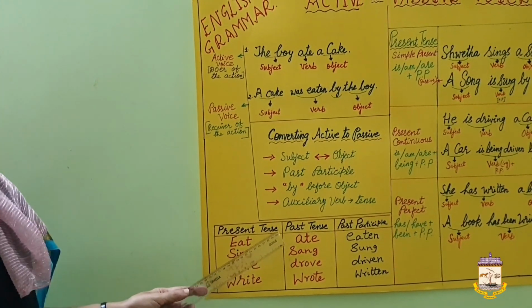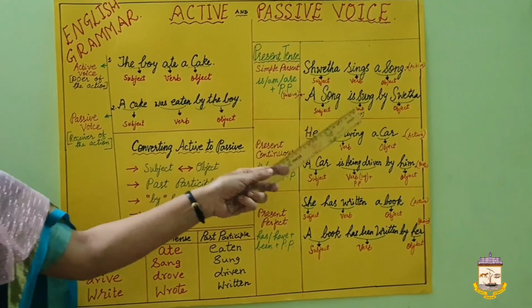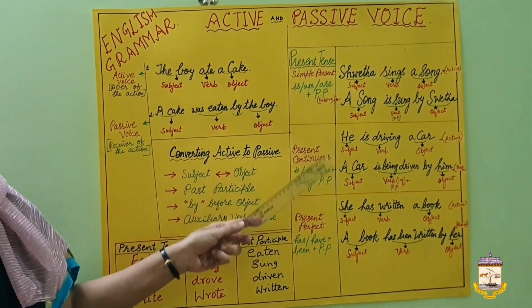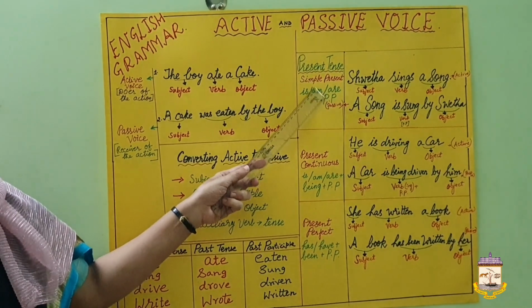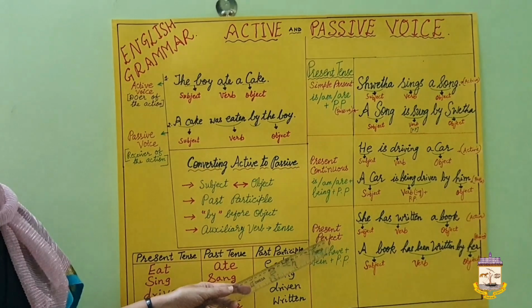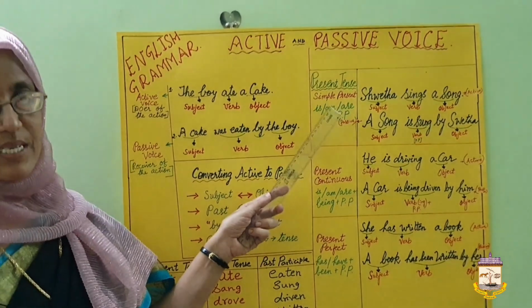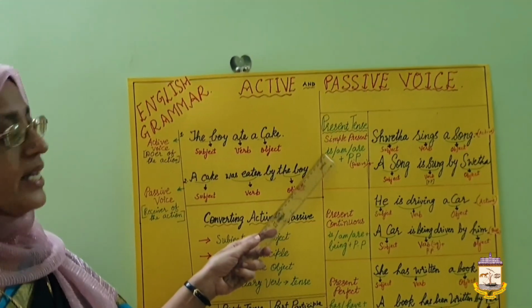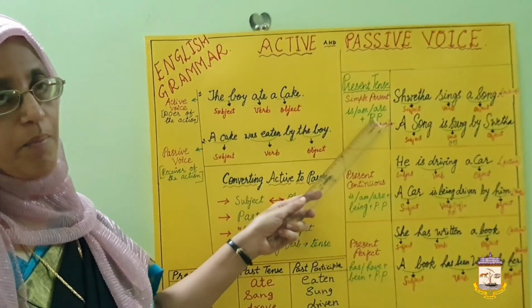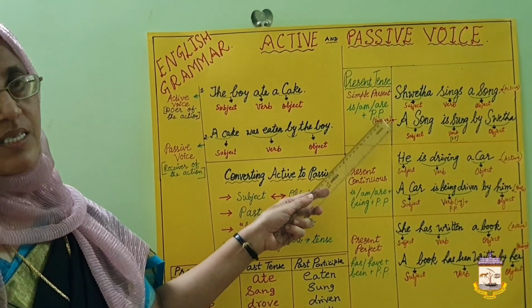Now changing active to passive, first let's look into the present tense form. Here we are going to deal with three types: simple present, present continuous, and present perfect. In the simple present form, we will be using is and am for singular and are for plural, plus you will use the past participle form.